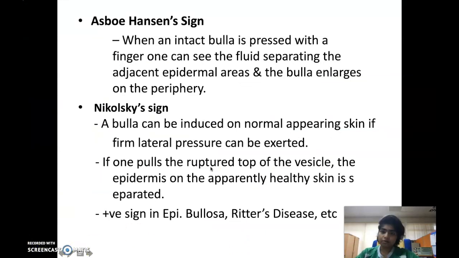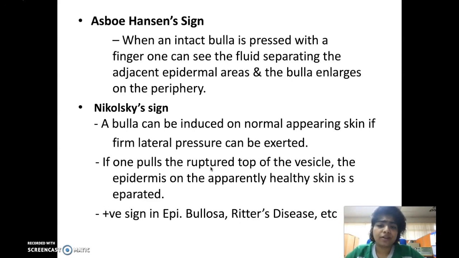So what is Asboe-Hansen sign? Asboe-Hansen sign is when an intact bulla is pressed with a finger, one can see the fluid separating the adjacent epidermal areas, and the bulla enlarges on the periphery. What is Nikolsky sign? A bulla can be induced on normal appearing skin if firm lateral pressure is exerted.